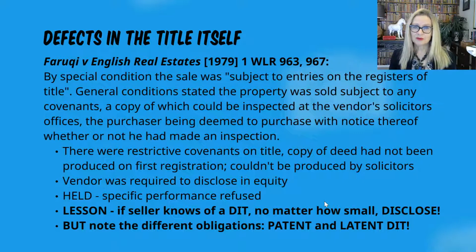Nevertheless, you would have thought the seller had been pretty careful in drafting that contract, because it said that the purchaser was deemed to buy with notice of whatever defects in title there were, whether or not they'd made an inspection, and the factual scenario of the seller physically not being able to get a copy of these restrictive covenants.